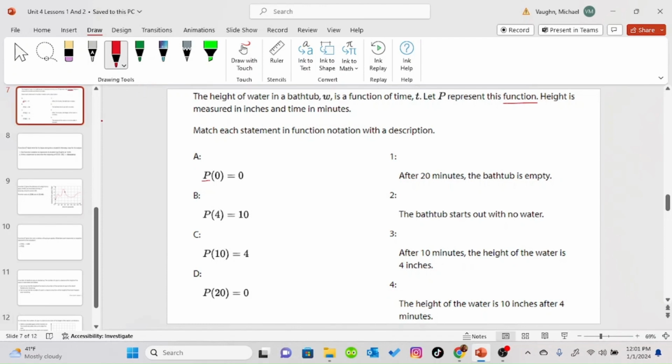Whatever is inside the parentheses is our input. And if you remember, anytime you see the words "is a function of," what comes after that, time, T, is your input. Whatever comes before, the height of water in a bathtub, W, is your output.